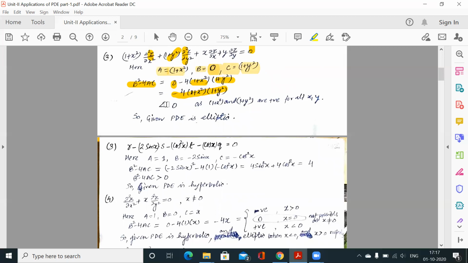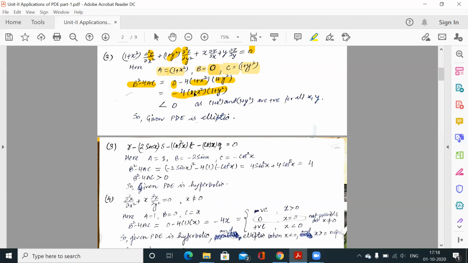Clearly this will be negative always. Of course this is not a numerical value, this is a variable value, but we know that whatever values we substitute for x and y, it will give a negative value because this is x square, this is y square. Whenever you substitute any 0, negative or positive value, we will get either 0 or positive because this is a square.